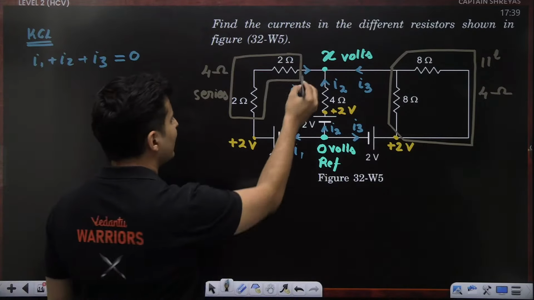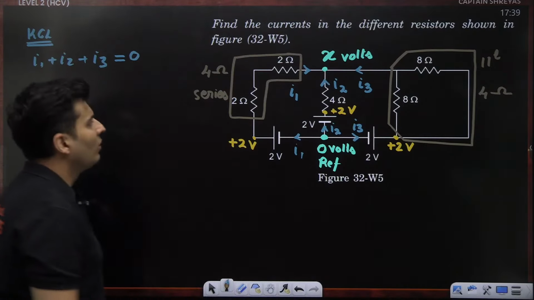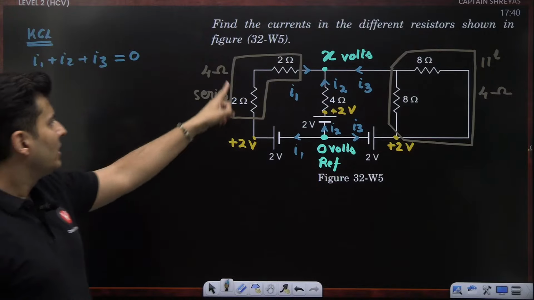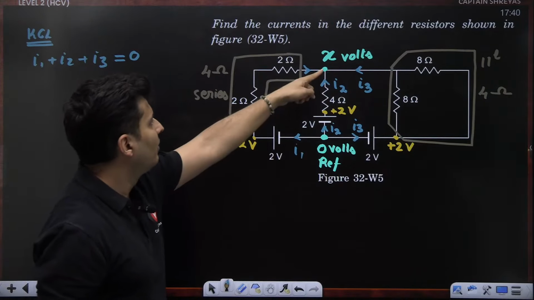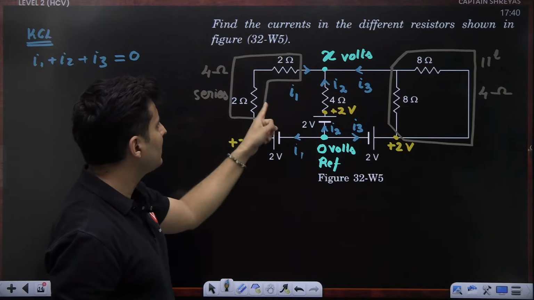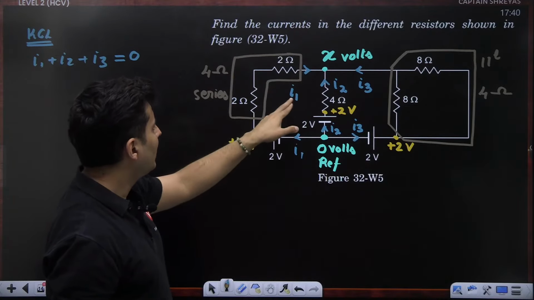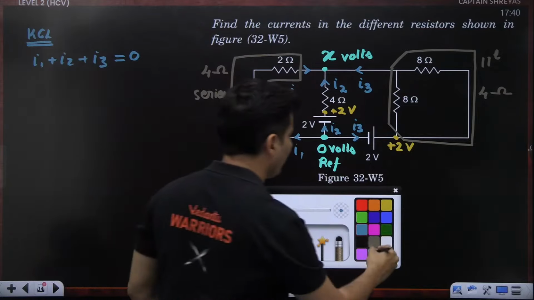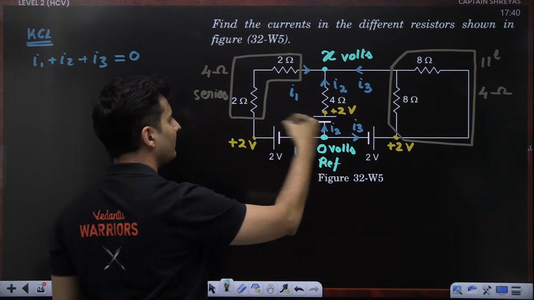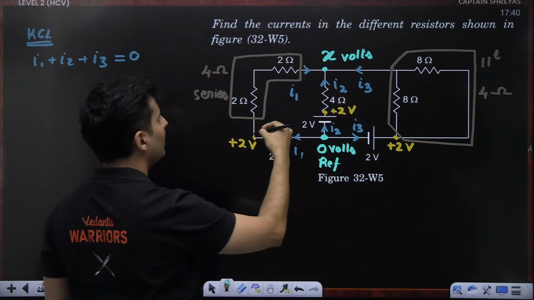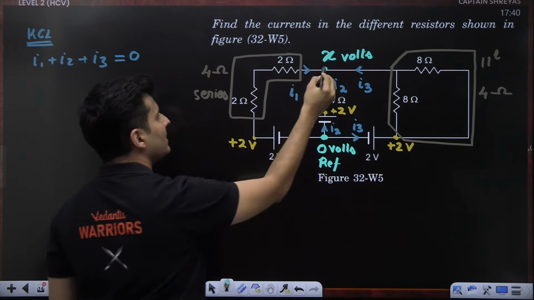Okay. So what is current I1? Think about it. There is a resistor, there is a battery over here, and there is current I1 over here. Oh, this is 2 volts, this is X volts.